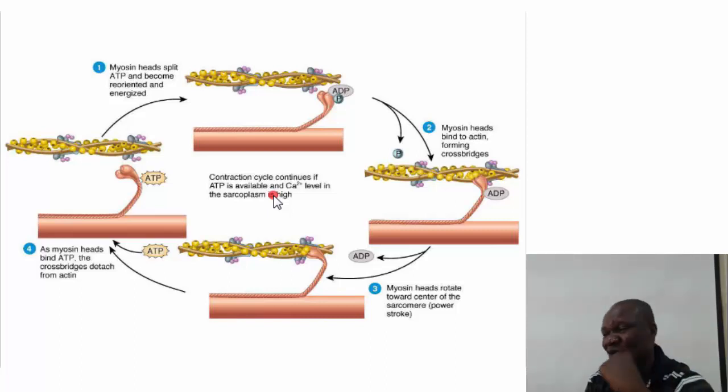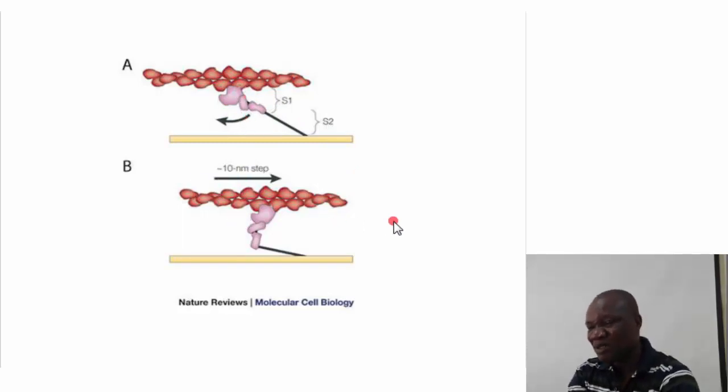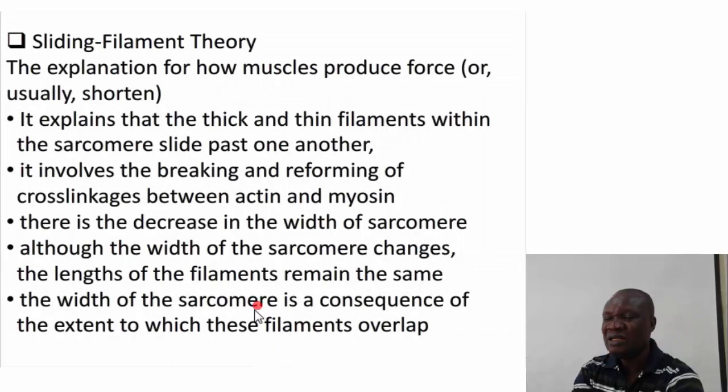Is it clear now? So now we've seen the contraction of the muscle. This is our power stroke. The head binds to the thin filament and drags the thin filament across the thick filament, and this results in the decrease of the width of the sarcomere.